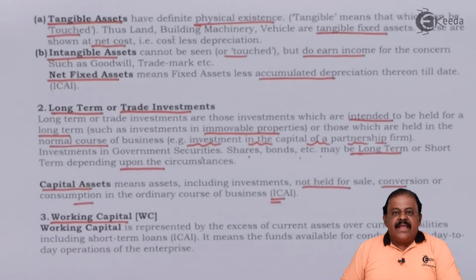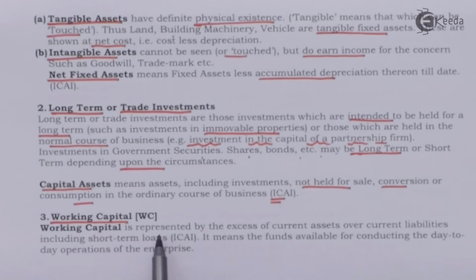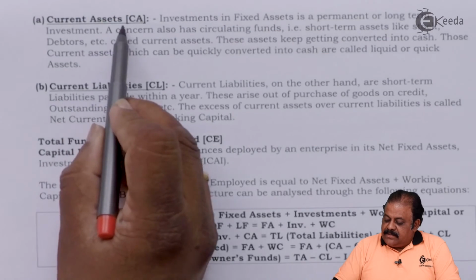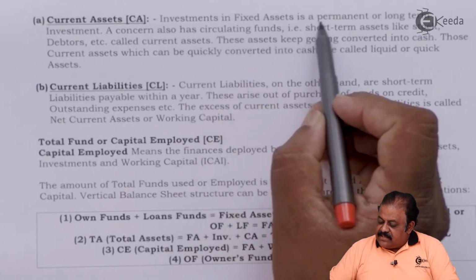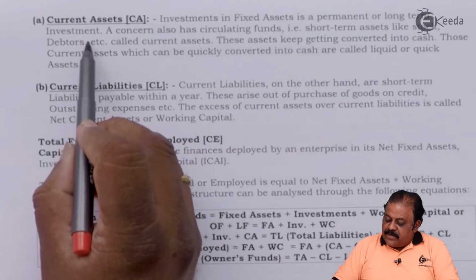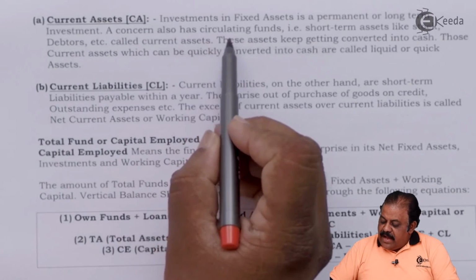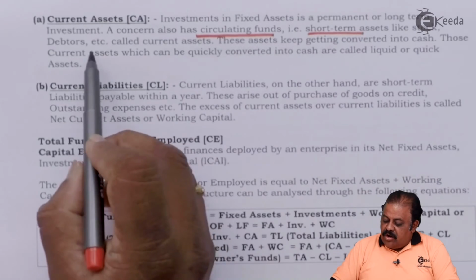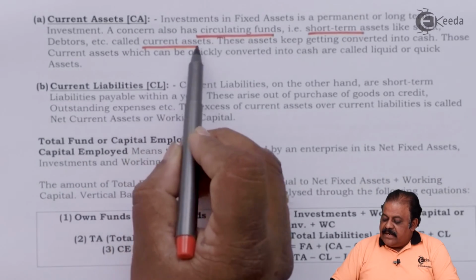Next comes working capital, which is represented by the excess of current assets over current liabilities including short-term loans. It means funds available for conducting the day-to-day operations of the enterprise. Current assets: investment in fixed assets is a permanent or long-term investment. A concern also has circulating funds, that is short-term assets like stock, debtors, etc., called current assets.